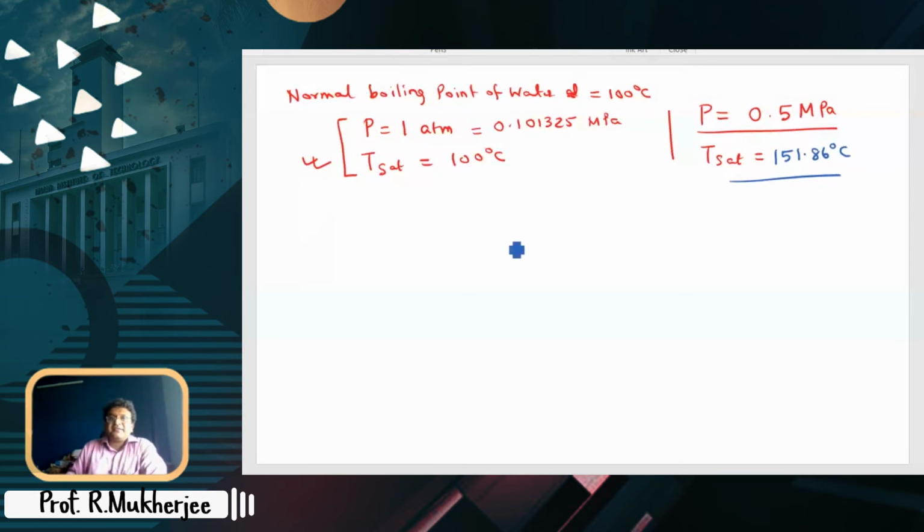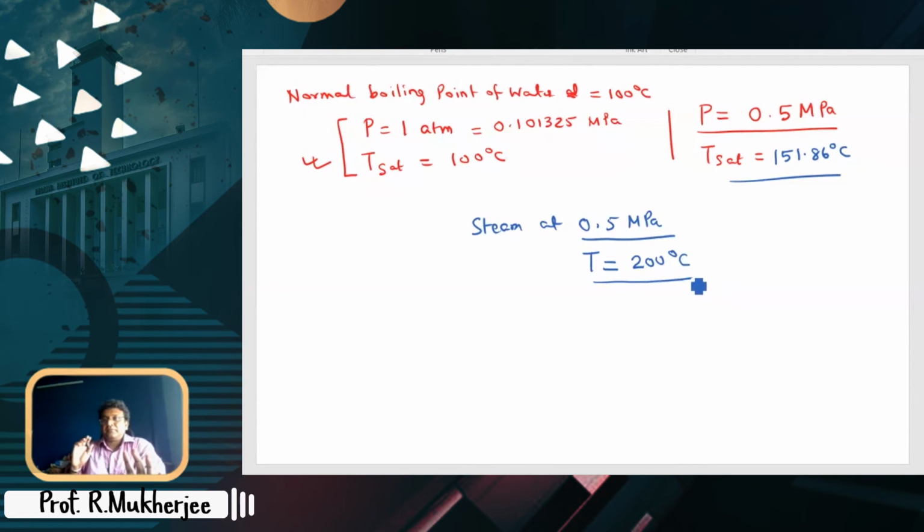Great. Now let's say somebody asks you that he has steam at 0.5 megapascal, steam or water or whatever, 0.5 megapascal, and T is not T saturation. T is 200 degrees centigrade. I won't use the word boiling point, Samira, because boiling point typically refers to the normal boiling point at 1 atmospheric pressure.